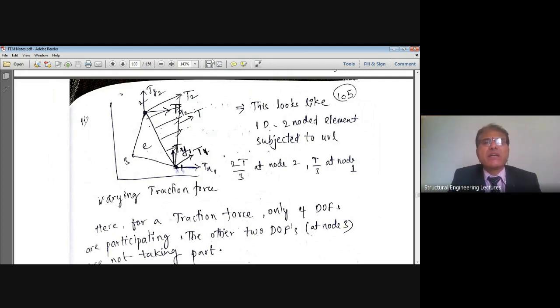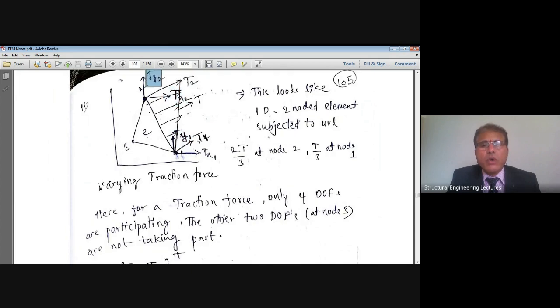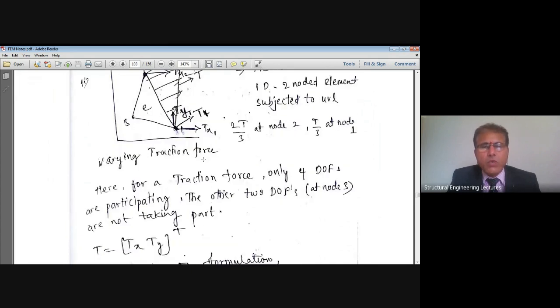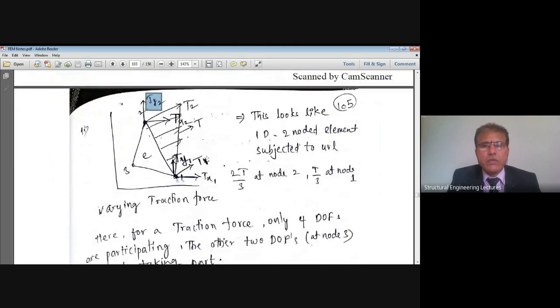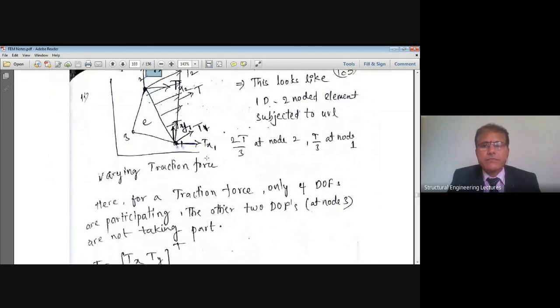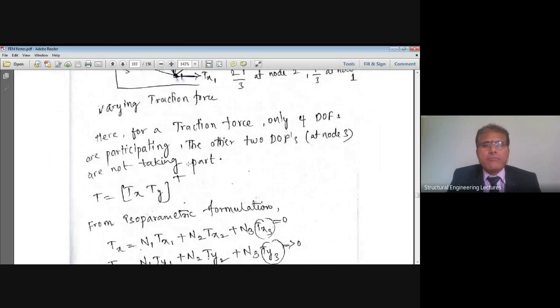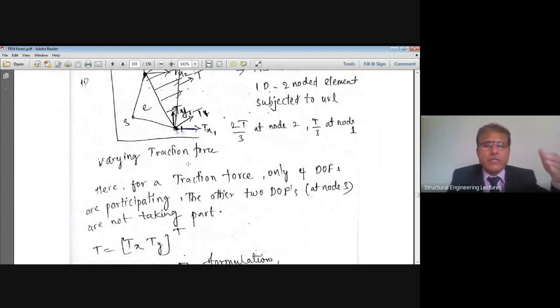That is, you can see that if it varies from T1 at node 1 to T2 at the other node, then what you do is split this T1 into Tx1, Ty1, and similarly T2 into Tx2, Ty2, along positive Cartesian coordinate directions. That is all for the varying traction forces also.